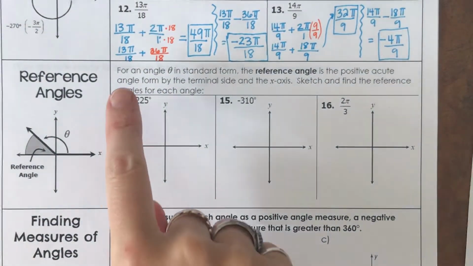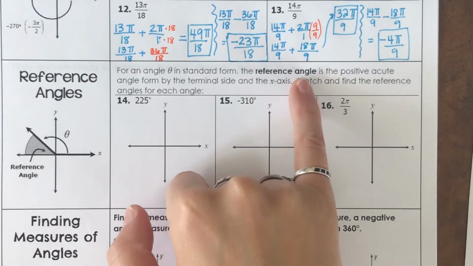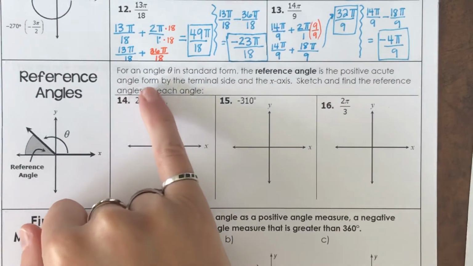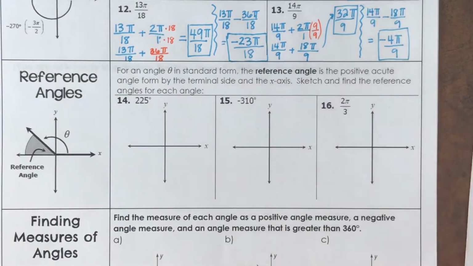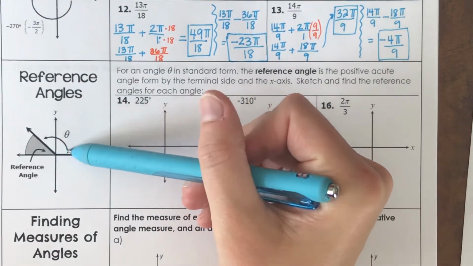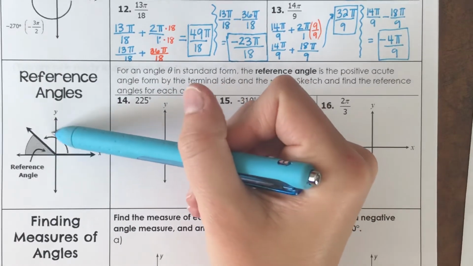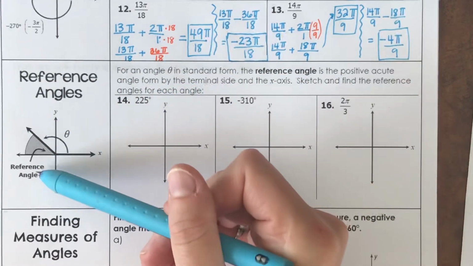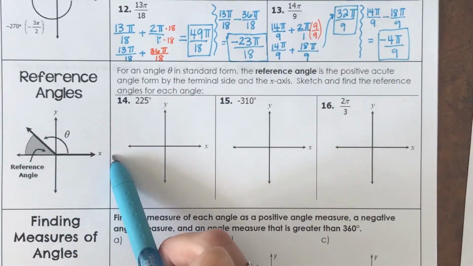So for an angle, theta, that's given in standard form, the reference angle is the positive acute angle formed by the terminal side on the x-axis. So essentially, here's what that means. If I give you this angle right here, and let's say I told you that this angle right here is 130 degrees. The reference angle is whatever is left over to get me to the x-axis.